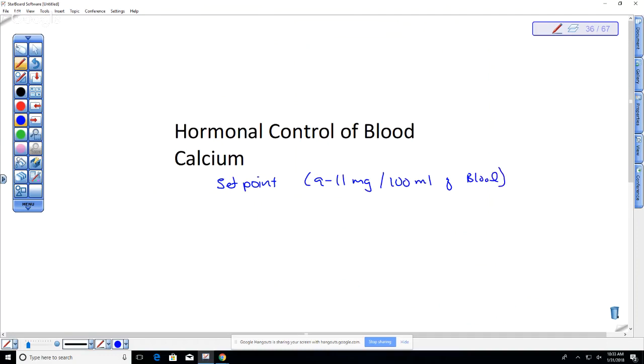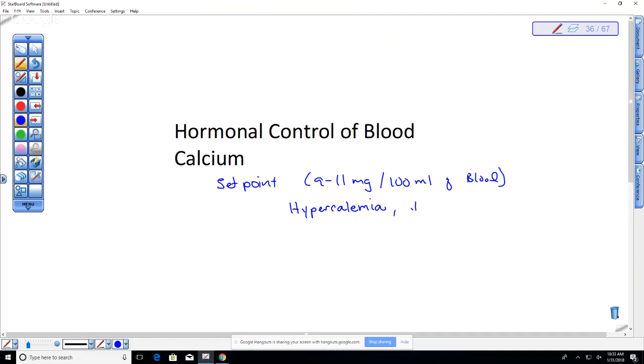Okay. So if it goes above that, it is said to be hypercalcemia. So hypercalcemia is where your calcium levels are too high. And this can cause a problem for the nervous system and also the muscles. It actually makes the muscles less excitable if the calcium levels are too high.